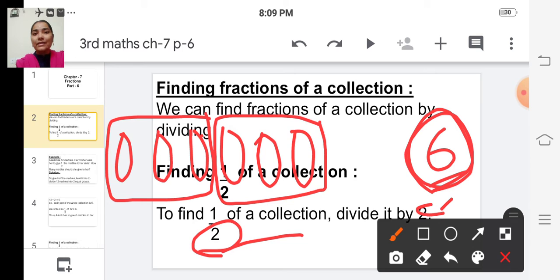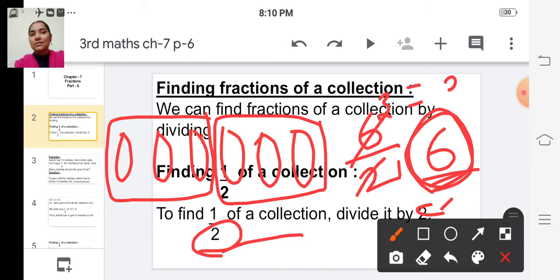So you are dividing these 6 chocolates into 2 equal parts. Half means 2 equal parts. That means you are dividing 6 by 2. 6 by 2 is nothing but, 1 2 is 2, 3 2s are 6. So 3.